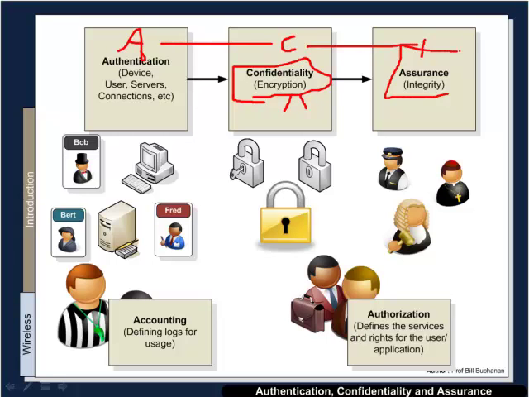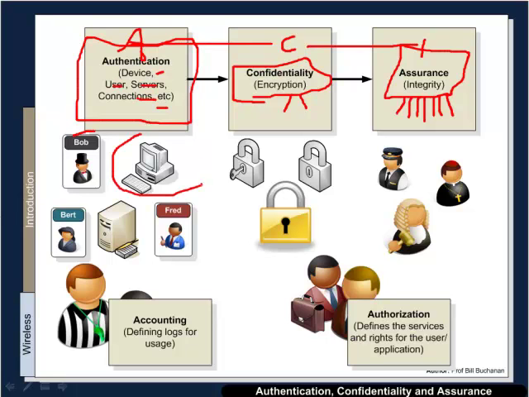We might also use hashing methods and encryption to give some assurance in data and in transmissions, and this defines the integrity, so that we can know that something that has been sent from someone hasn't been changed in any way.